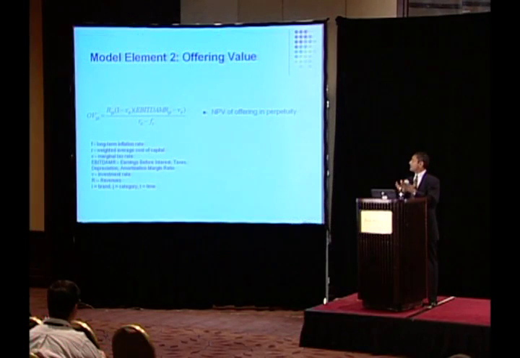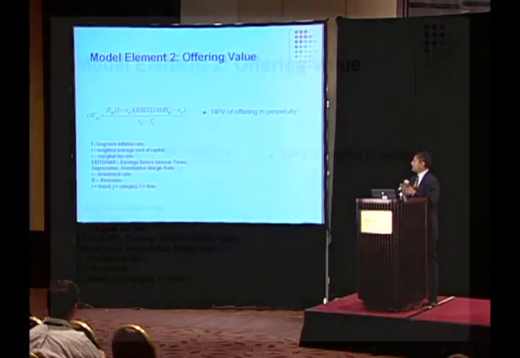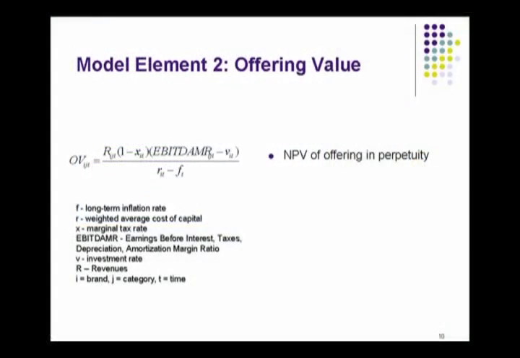Now, let me talk about model element 2, where we looked at the offering value. This is the financial component of it. And here, from basic finance, we can show that the offering value is a function of the revenues and other terms such as EBITDA MR, which stands for earnings before interest, taxes, depreciation, amortization, and it's a ratio that we could get from the financial department of the company.